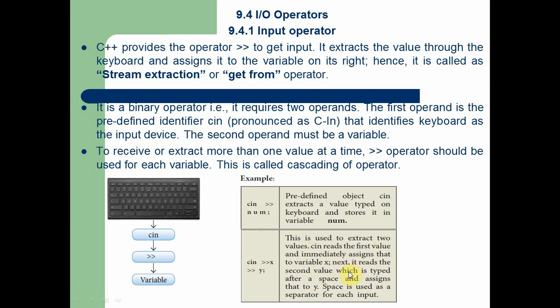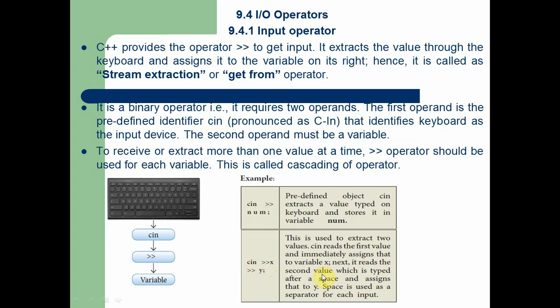Next it reads the second value, which is typed after a space, and assigns it to y. Cin identifies the first and second value by the space, so the user can separate the first and second value by giving a space.